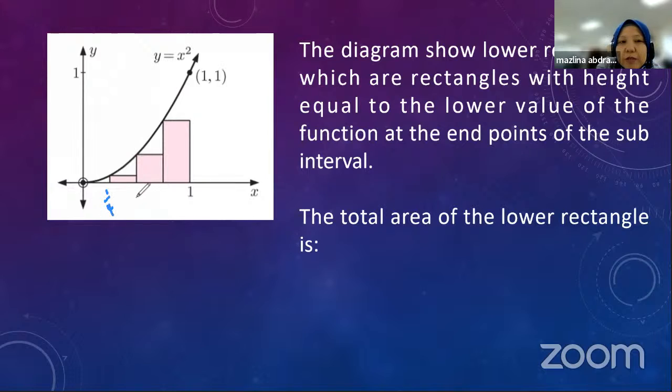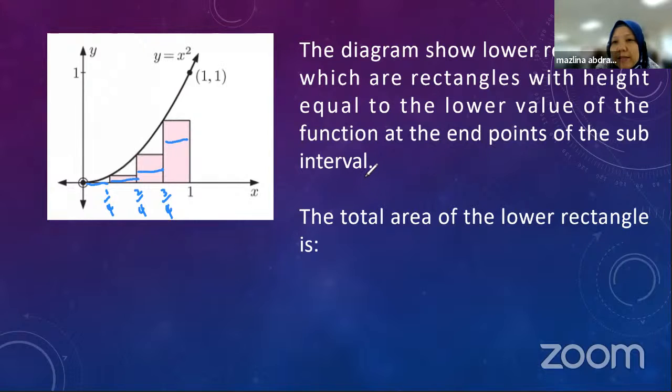So from here to here is 2/4, here is 3/4, but the width is all 1/4, 1/4, 1/4, and 1/4. We managed to draw the rectangles with height equal to the lower value of the function at the endpoints of the sub-interval.